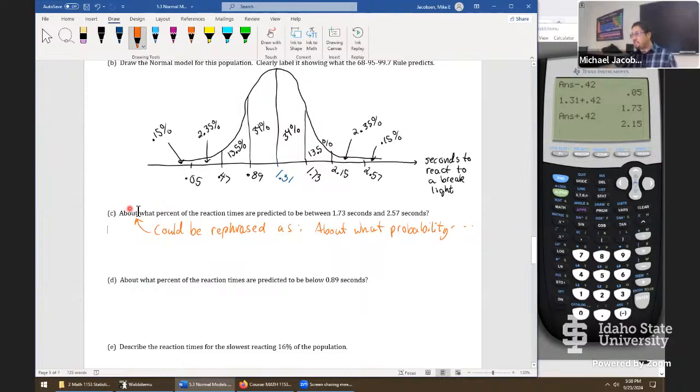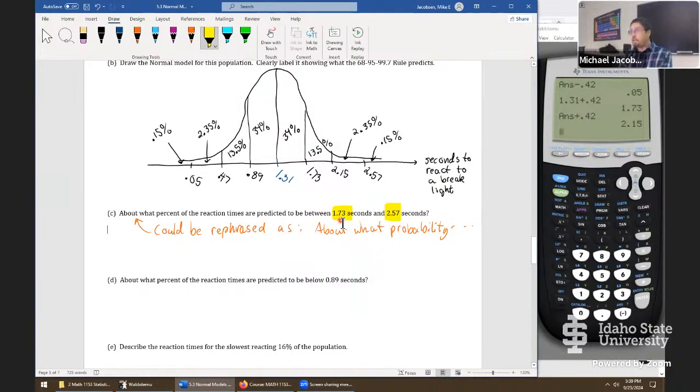Well, about the question, it says, about what percent of the reaction times, so we're referring to the horizontal axis, those are the reaction times being mentioned, are predicted to be between 1.73 seconds and 2.57 seconds. So we want to be constrained between those 2 bounds. That means we take a look at our chart, and you'll notice for every one of these questions, there's kind of a baked-in check.